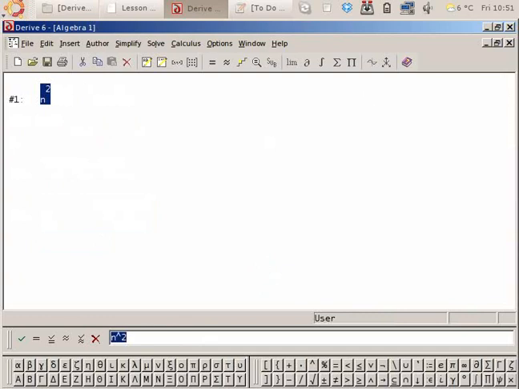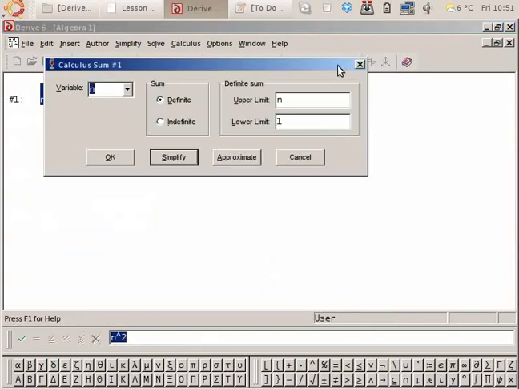Okay? So if you look up the top of the Derive window, you see that there's a symbol that looks like the sum symbol. So when you have your n squared highlighted, click this summation symbol here, find sum. And this box should open. Now you have two words there, lower and upper limit.